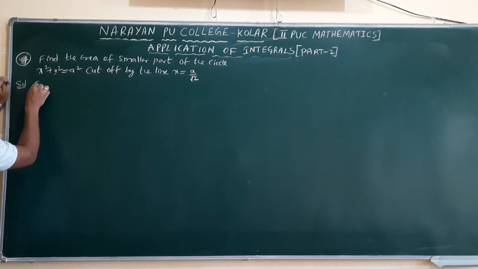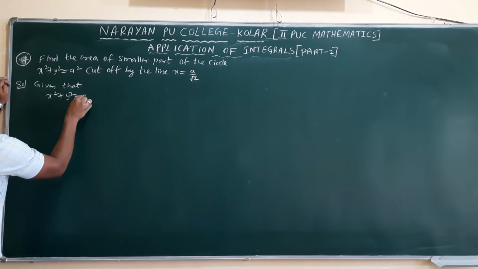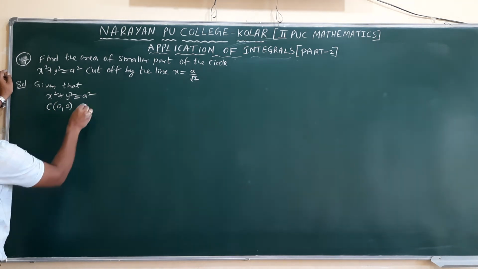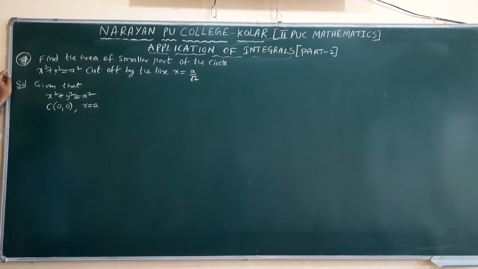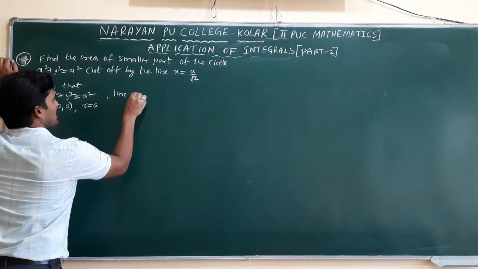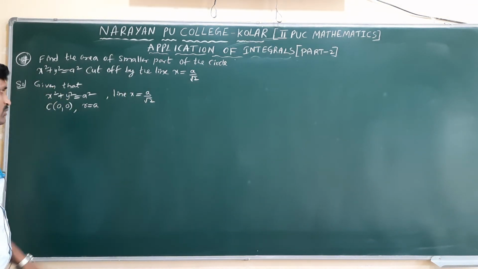Now, the given circle is x square plus y square equal to a square. The center is clearly 0, 0 and the radius is a. And the line given is clearly x equal to a by root 2. The limits we will get from here only, no need to solve separately.